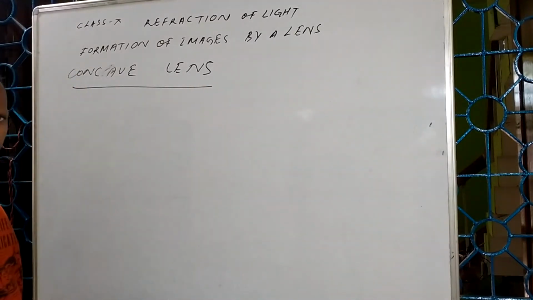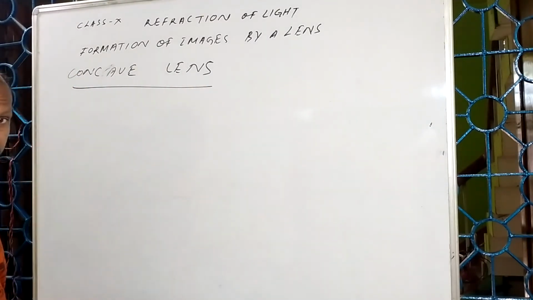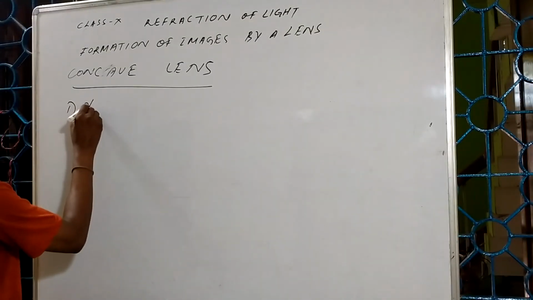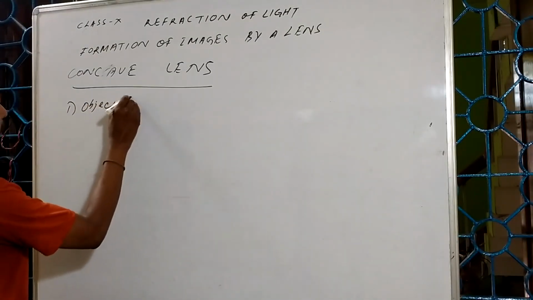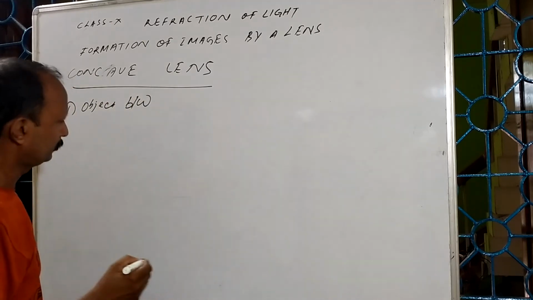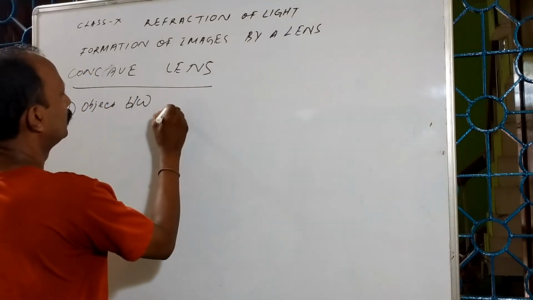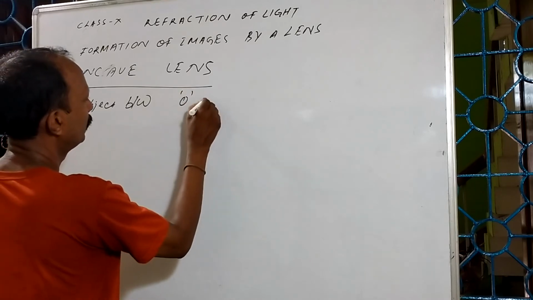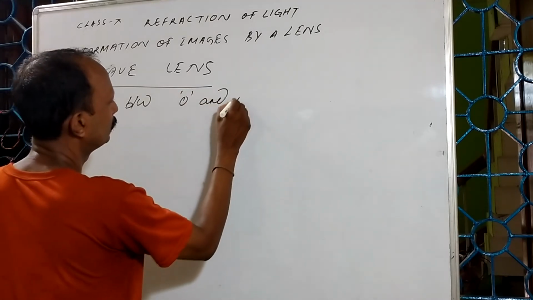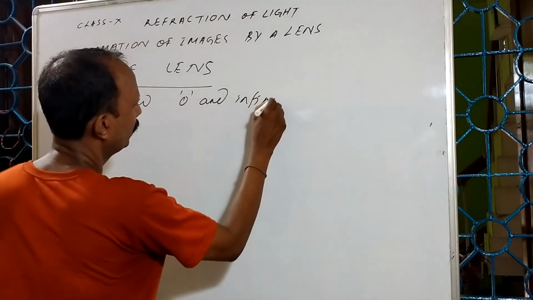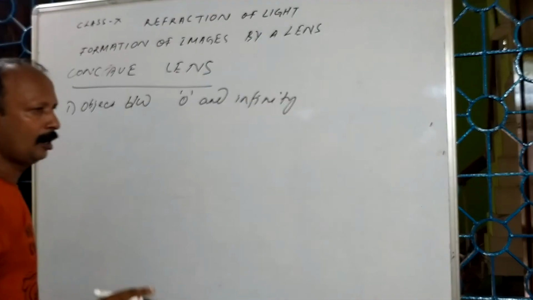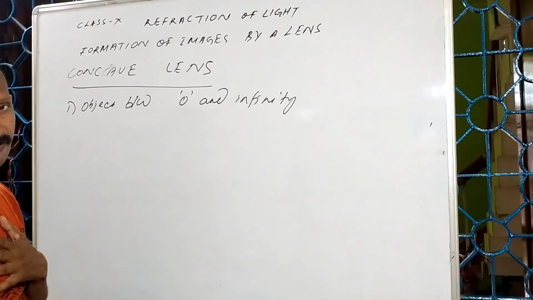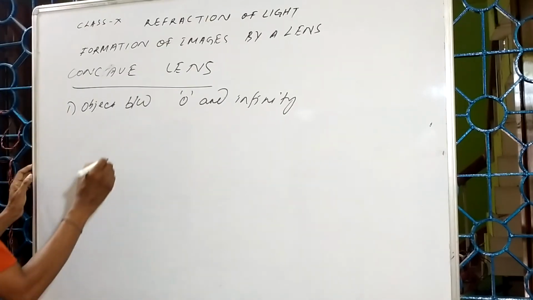In a concave lens, like the convex mirror, two cases will come. What are the two cases? One is object between optic center and infinity. Between optic center and infinity.